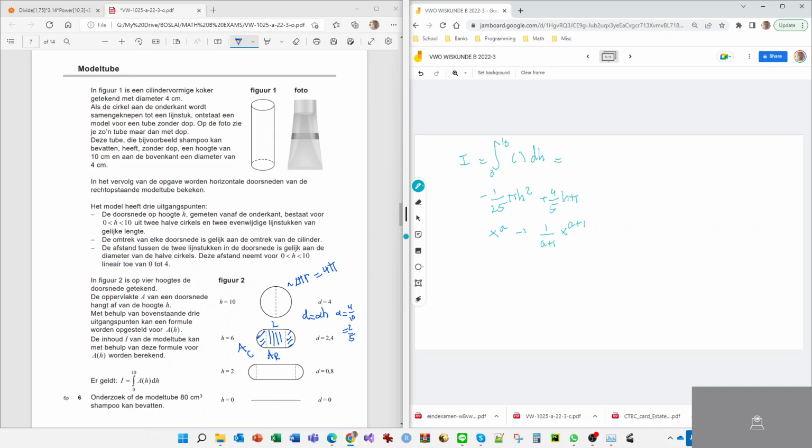So this is then minus 1/75 pi h to the power 3 plus 4/10 pi h to the power 2.